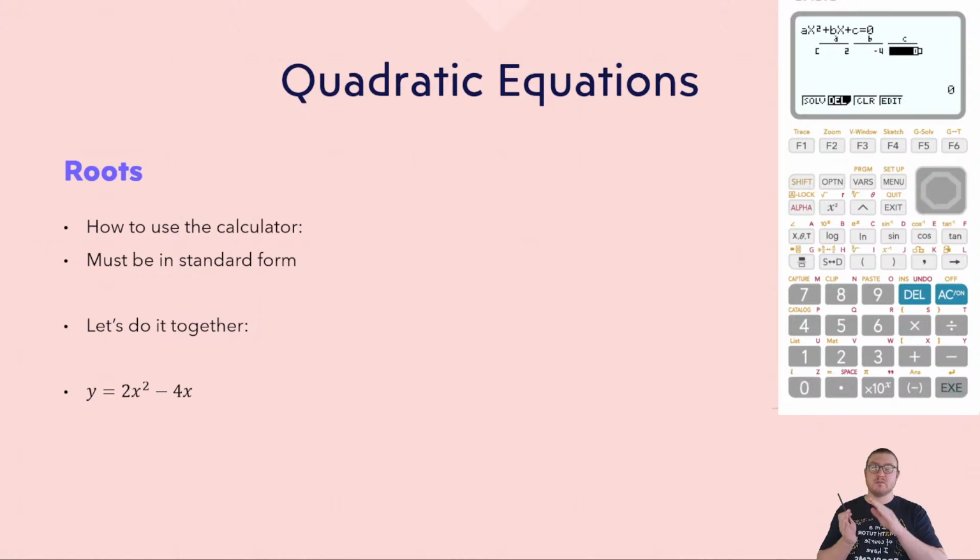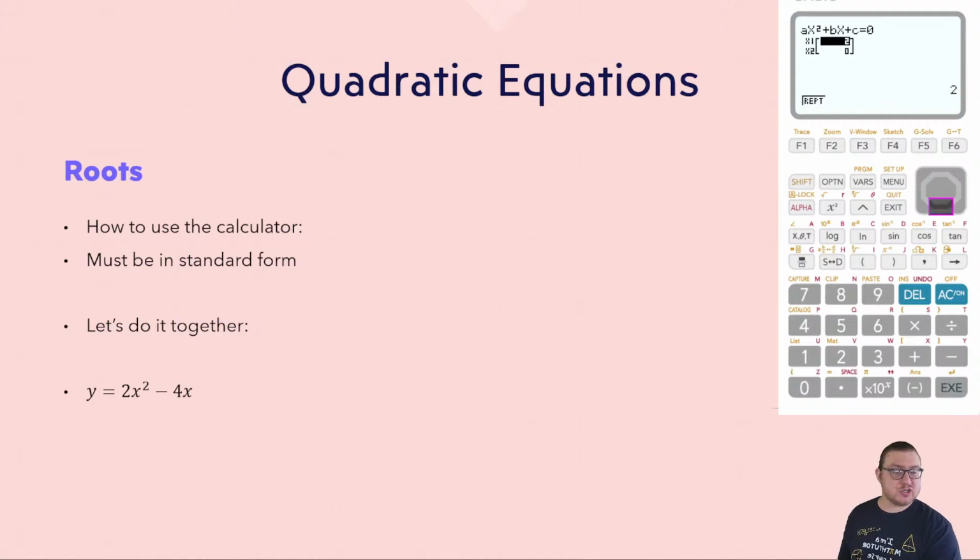And so you don't make any mistakes with where a, b, and c go, try and think of c being the number without the x. Well, there is no such number. If we now press enter, we can see x1 and x2 is 2 and 0. So these are now our x-intercepts. x is 2 and x is 0.